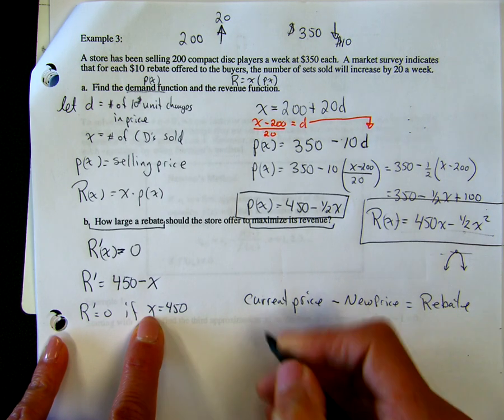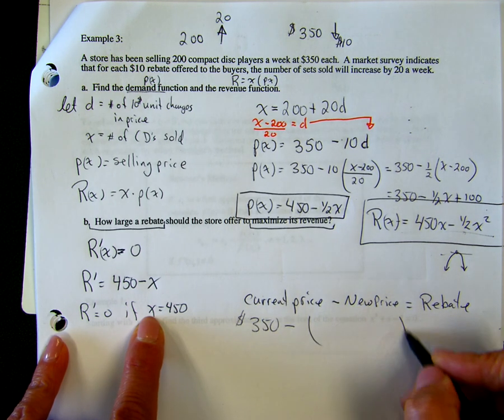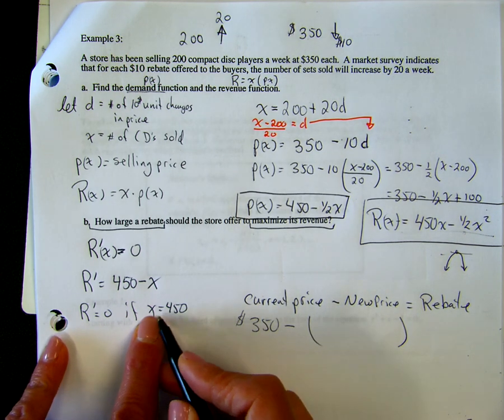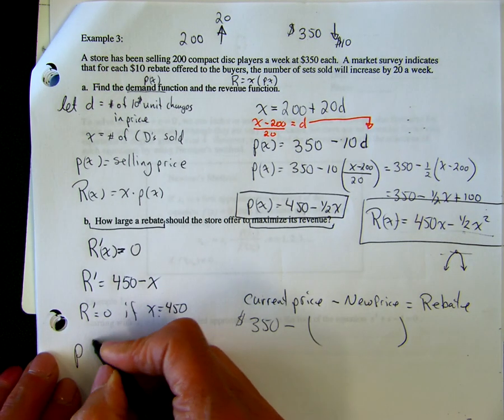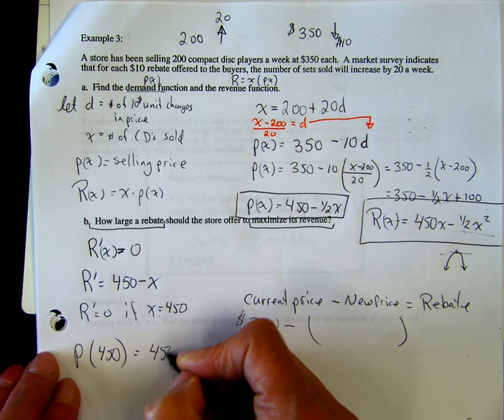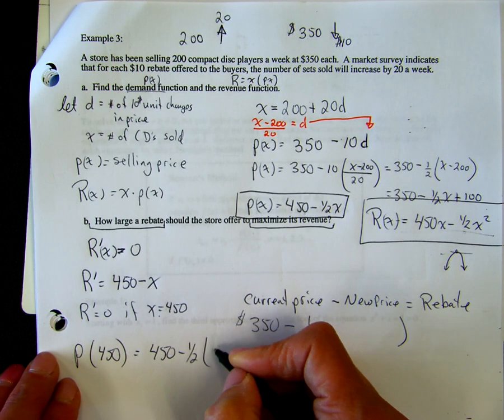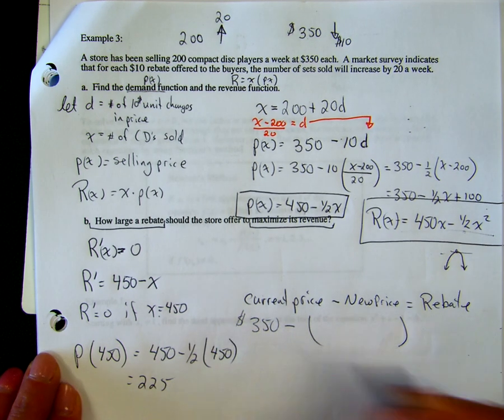What's my current price? $350. What's my new price? So how am I going to find my new price? I'm going to put this into my price function. So what is the price at 450? It is 450 minus 1/2 of X. That is 225.